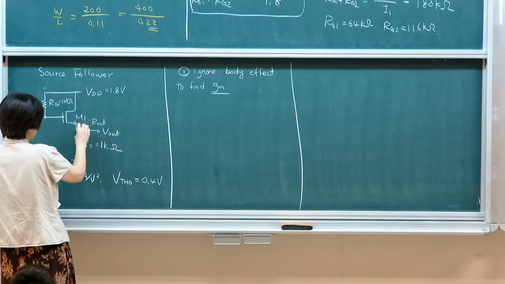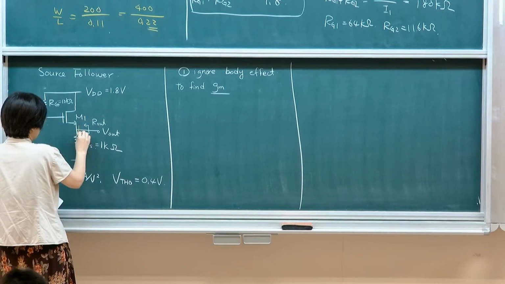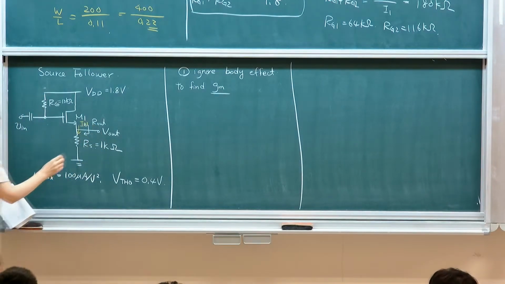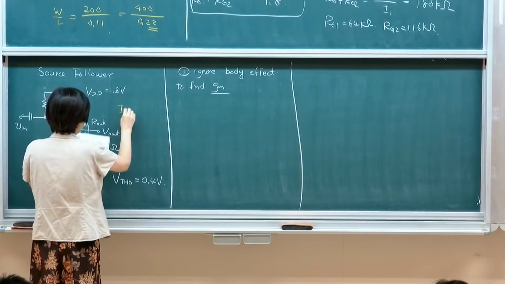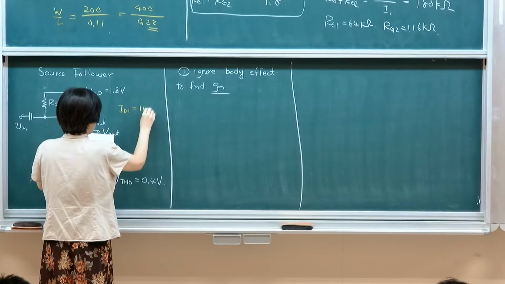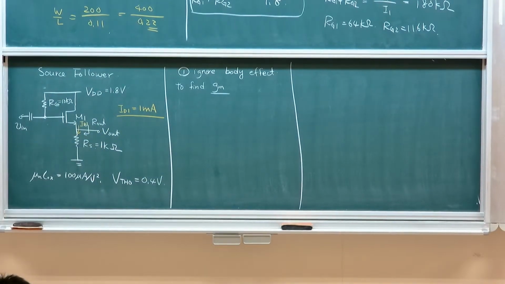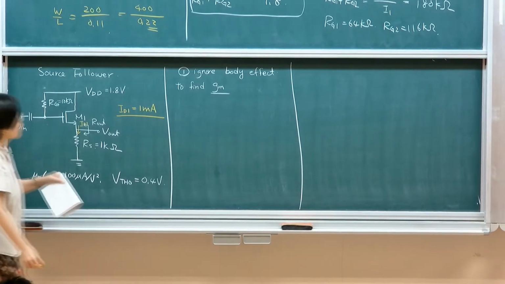And also, we already know that it's set so that the current is at ID1. ID1 is set to, the current is already set to 1 milliamp.